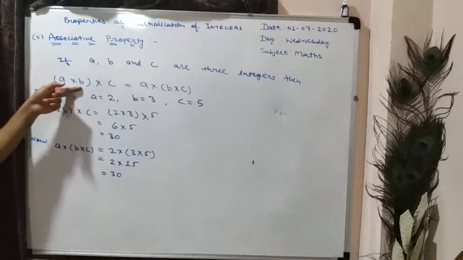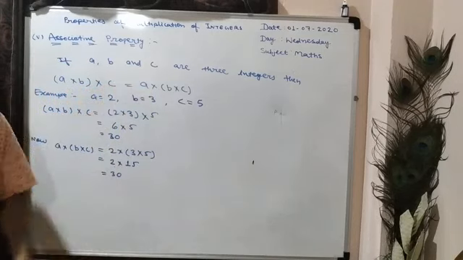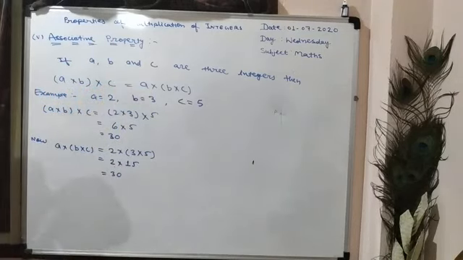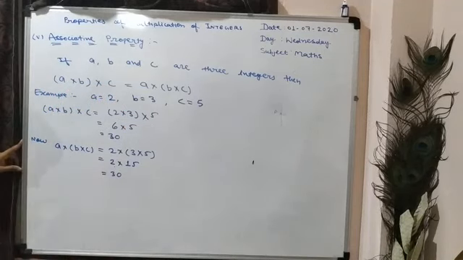So we can say a into b into c will be equal to a into b into c. So what we can see here, multiplication is associative for integers.